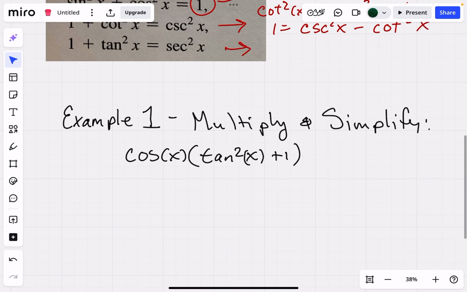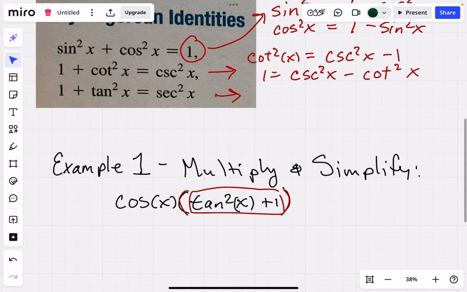Okay, so if I have the cosine x times the tan squared of x plus 1, right? Well, we know that the tangent is supposed to be sine over cosine, right? So the first step, you might be tempted to do that, but let's take a look up here.